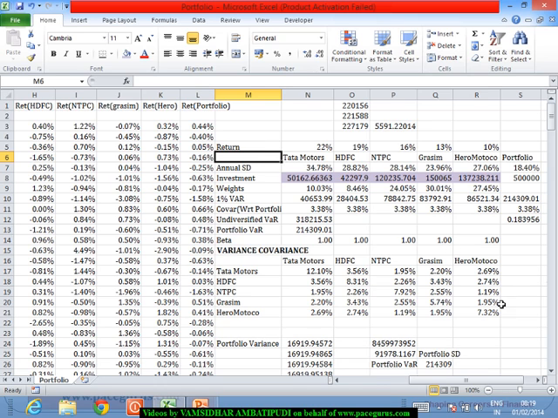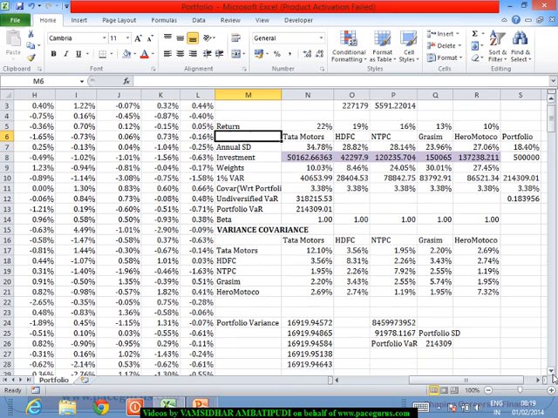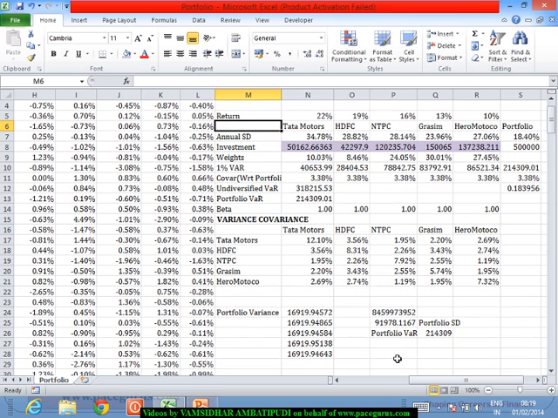Now, if these are the returns that are expected on these securities, my intention is to compute this particular value: the portfolio return minus the risk-free rate of return, divided by the standard deviation or probably the VAR of the portfolio.